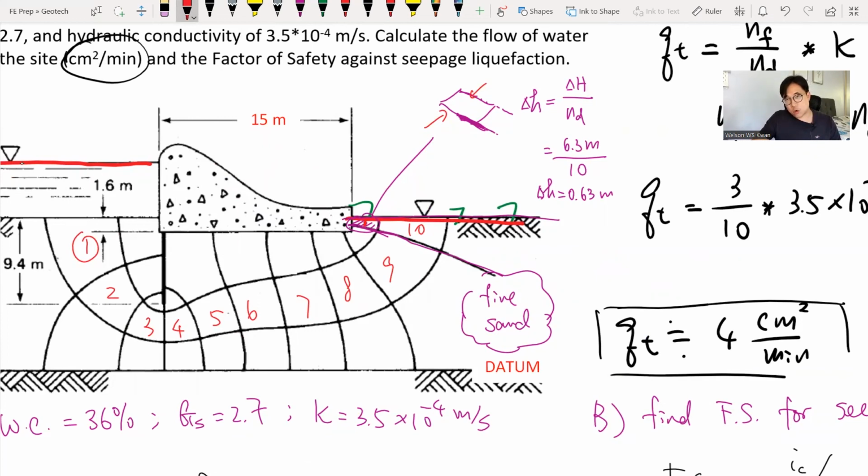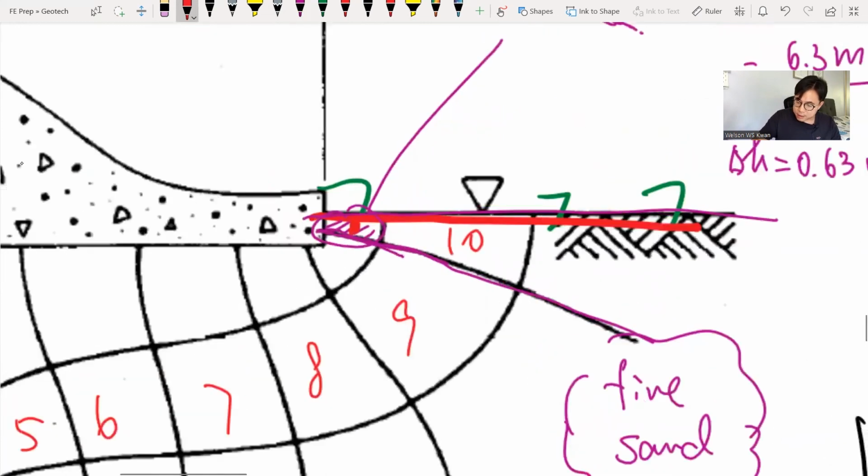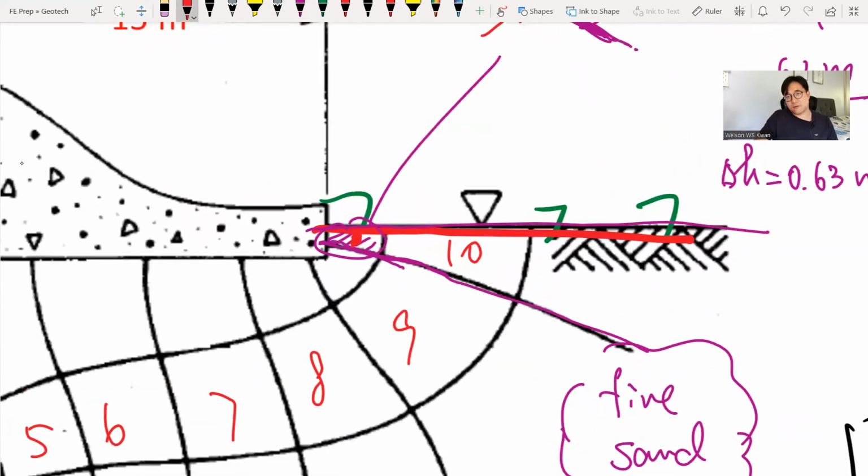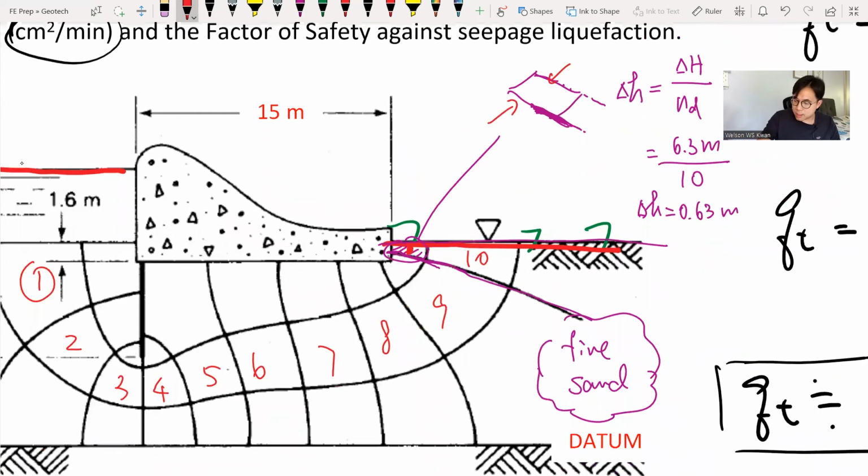If you have everything drawn to scale, we can find the distance representing this particular flow net, the length of this grid. Essentially, it's how the water travels through this grid. And the distance here, we now assume, is 1 meter. So this delta L equals 1 meter. If you have FE exam questions, this dimension is very likely given to you. If you construct the flow net yourself, you can measure this distance according to the scale of your drawing.